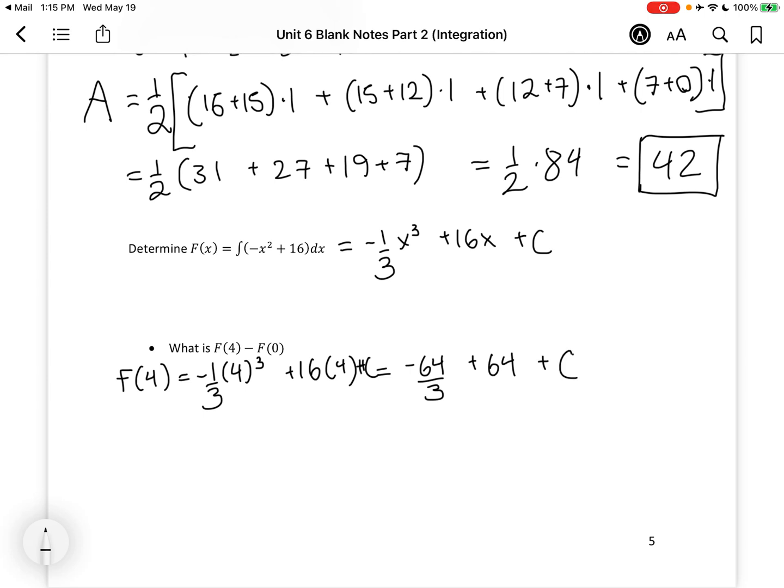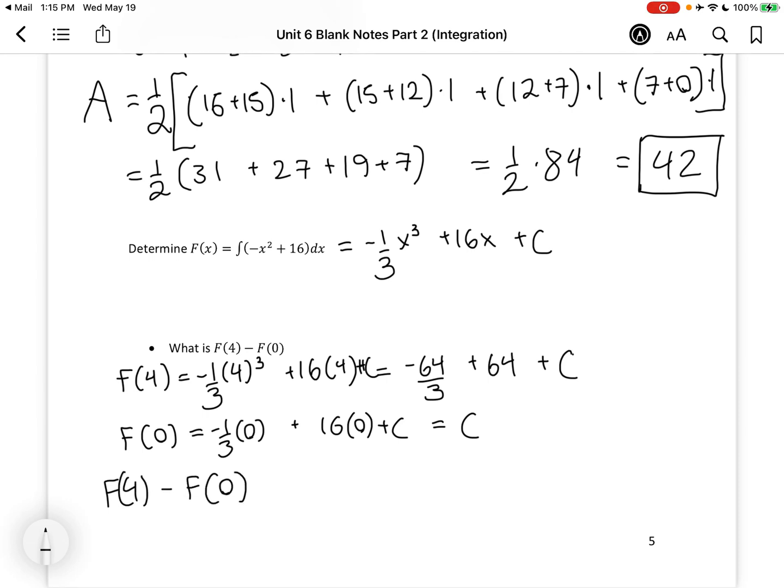Plus c, okay? F of 0 is negative a third times 0 plus 16 times 0 plus c, and that's just c. So if I'm doing F of 4 minus F of 0, I'm going to have negative 64 over 3 plus 64 plus c minus c. Okay, so the c's of course will make 0.